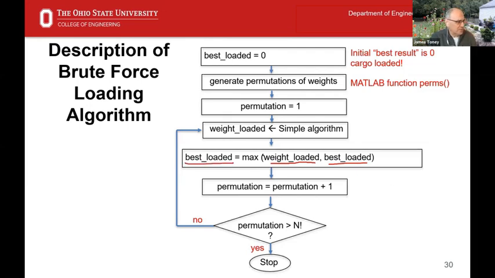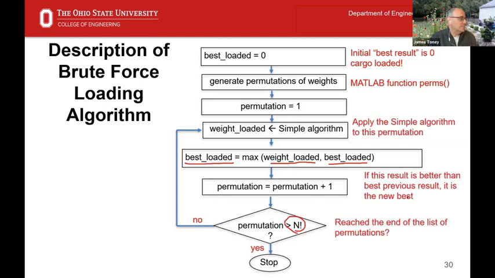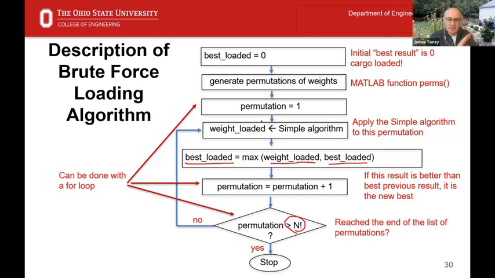All right, and here's an efficient way of doing that in MATLAB with the max function. And then you go to the next permutation. And n factorial, as I said, is just the number of permutations. Okay. All right, so you can do all this in a flow chart, I'm showing everything very explicitly, but you can do all that with a for loop.